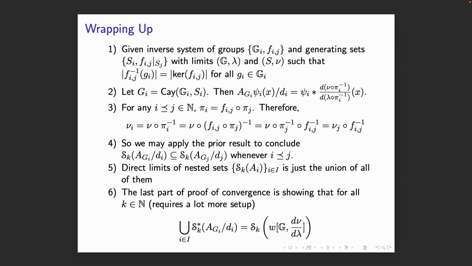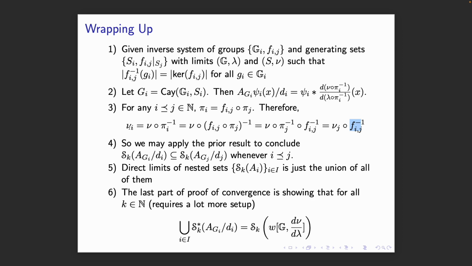Now, if i divides j, we know that the projection pi_i is equal to the composition of the function going from G_j to G_i with the projection going from the inverse limit to G_j. So remember the condition we had on measures nu_1 and nu_2 in the prior example, showing the nesting of the profiles? Well, we're going to need nu_i to be the push forward of nu_j onto G_i.